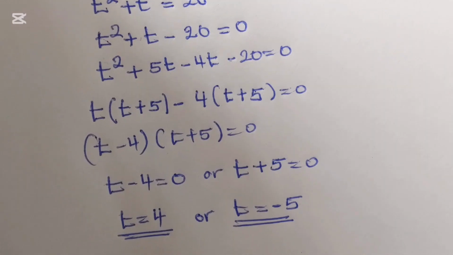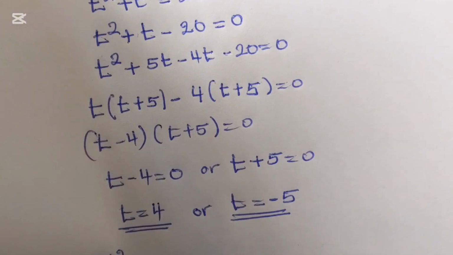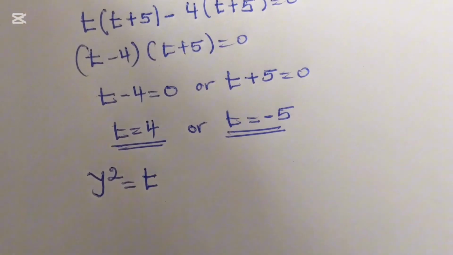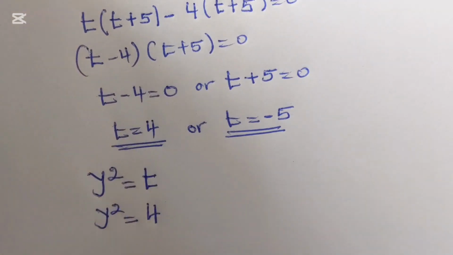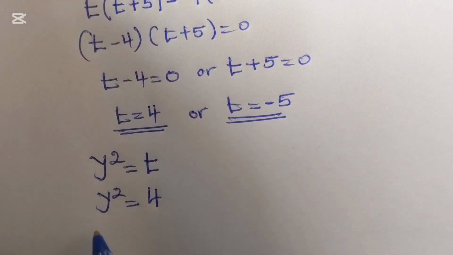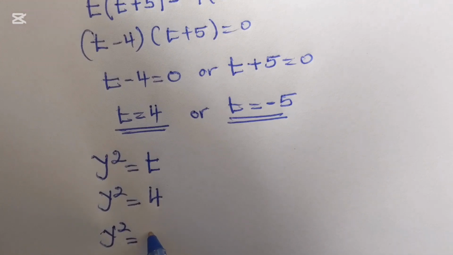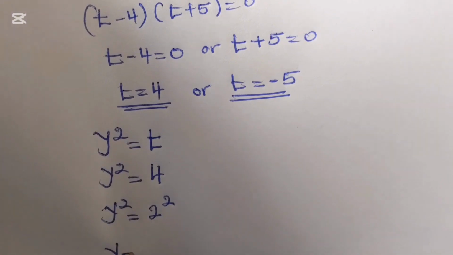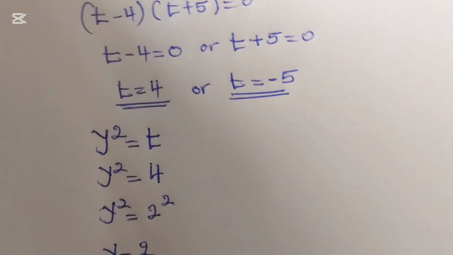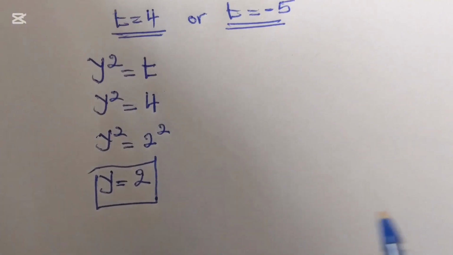By finding the value of y, as we have said, we know that y squared equals t. Okay, then y squared will be equal to 4. Right, then here we have y squared equal to 2 squared. Then y can be equal to 2.